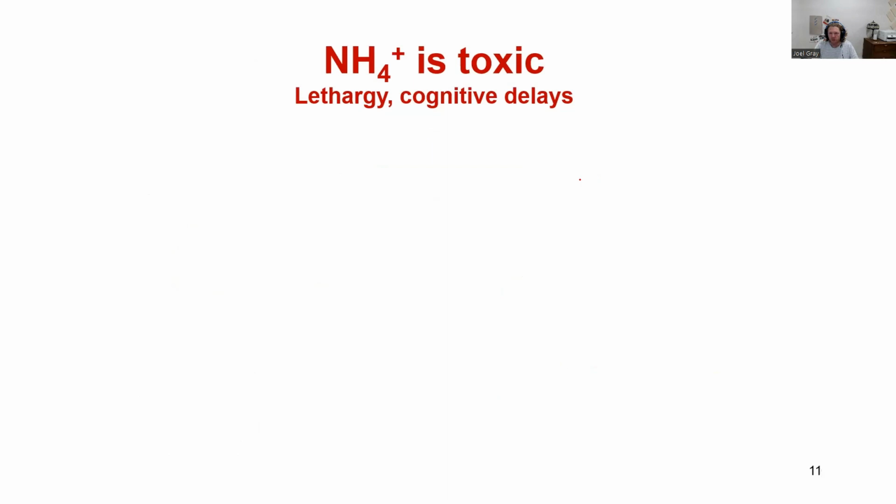You'll be lethargic, but if you have too much ammonium in your system, that lethargy is going to persist. It's not like, oh, I need to take a nap for an hour. Instead, it's almost a depression level of lethargy. Like you can't really move, you can't get out of bed. In addition to that, in developmental phases, an increased ammonium concentration can lead to some cognitive delays.